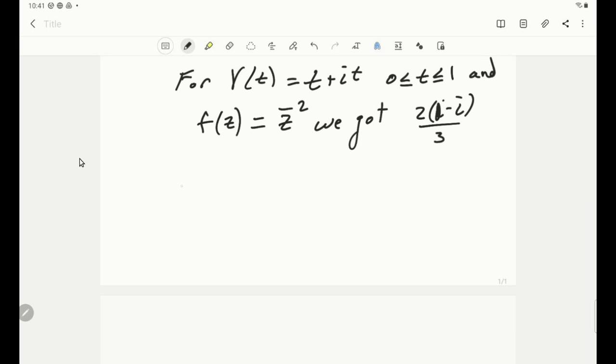Okay, but now, so sigma of t is equal to 2t plus I 2t, and that goes from 0 less than or equal to t less than or equal to a half. Sigma prime of t is equal to 2 plus 2i.